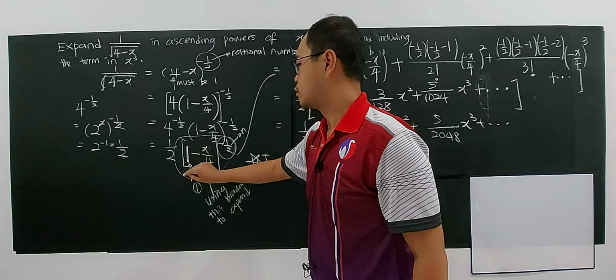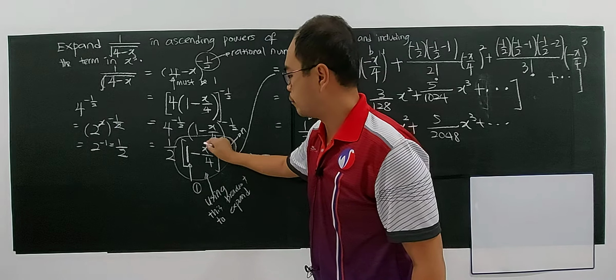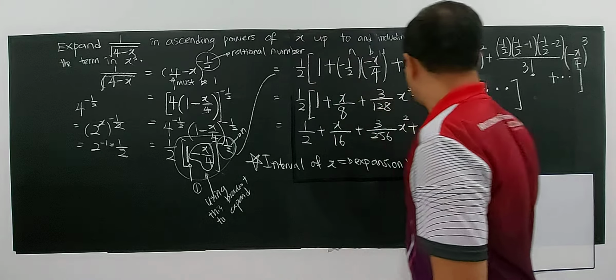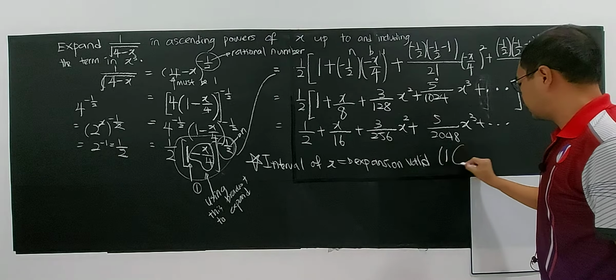So it must be 1 here. Now you take the term after the 1, and you put a modulus less than 1.